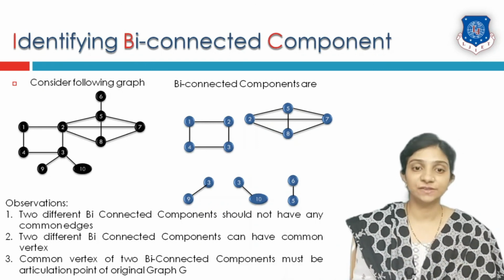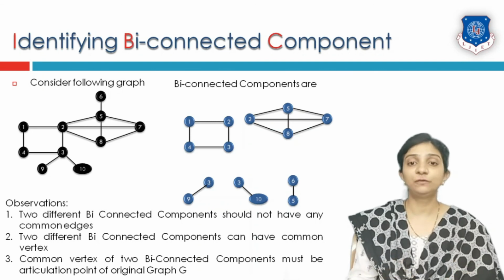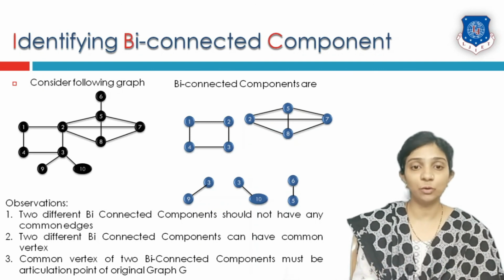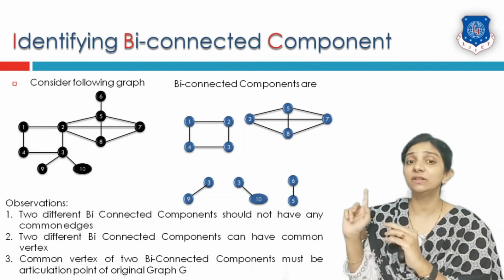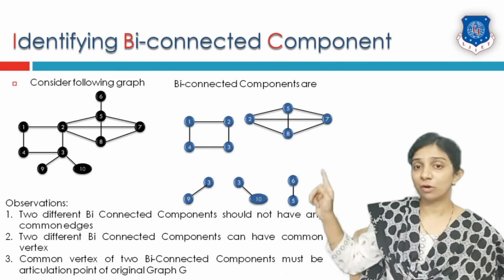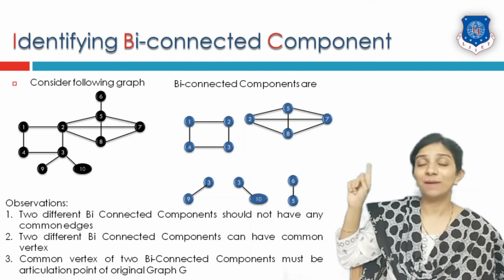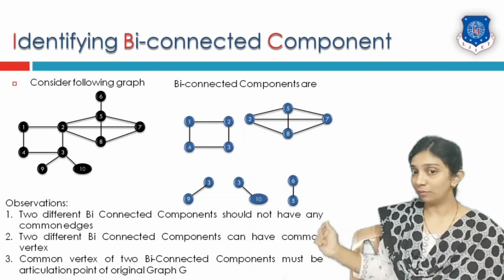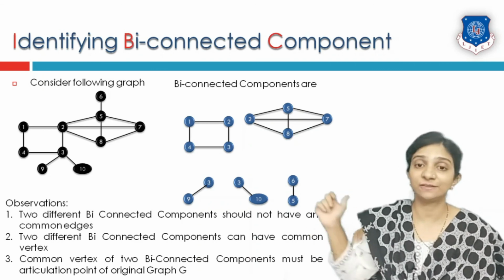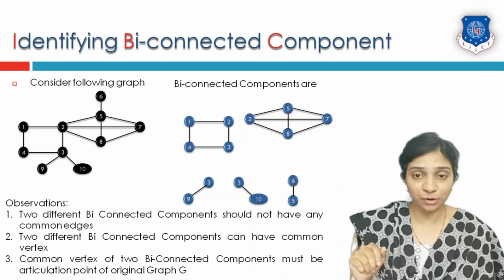The third property says that a common vertex of any two biconnected components must be an articulation point in the original graph. Now, the common vertex of the first two biconnected components is 2, which is an articulation point. The common vertex of 3, 9 and 3, 10 is 3, which is an articulation point.